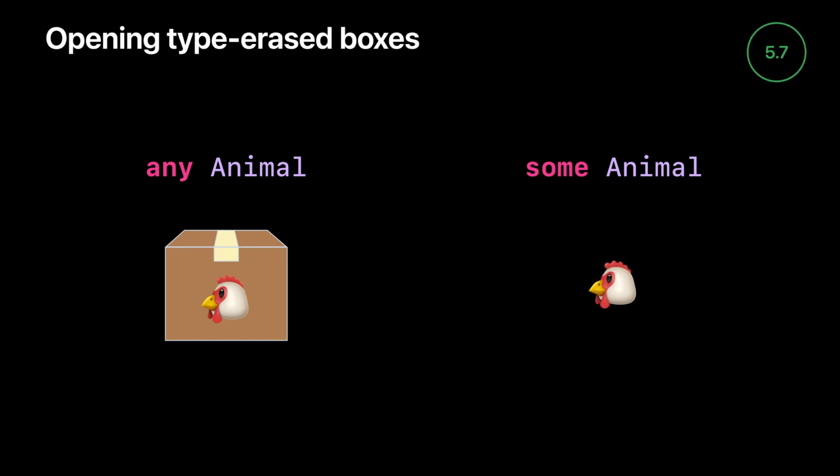This capability of unboxing arguments is new in Swift 5.7. You can think of unboxing as the compiler opening the box and taking out the values stored inside. For the scope of the "some Animal" parameter, the value has a fixed underlying type, so we have access to all of the operations on the underlying type, including access to associated types.